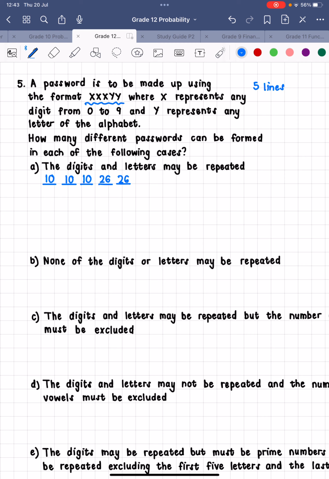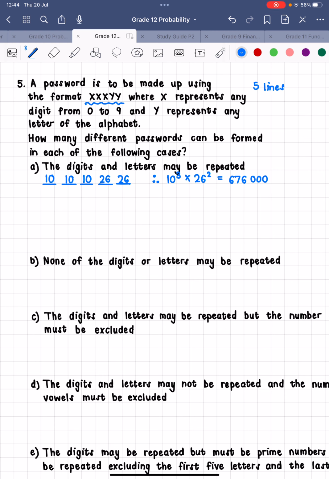Alright, so how many possible passwords can we make? 10 cubed times 26 squared. Yeah, it's going to be a very big number. 676,000. So imagine you are trying to guess someone's password. And there are 676,000 possible combinations. It's going to take you a while.